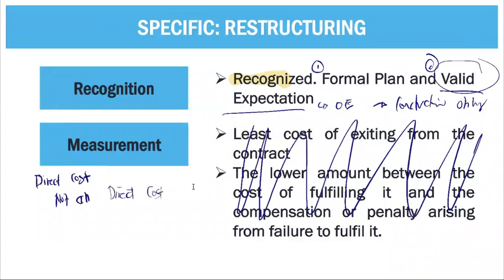So what are these direct costs that are not included? So the following are the direct costs that are not included. First, the cost of retaining or relocating continuing staff.